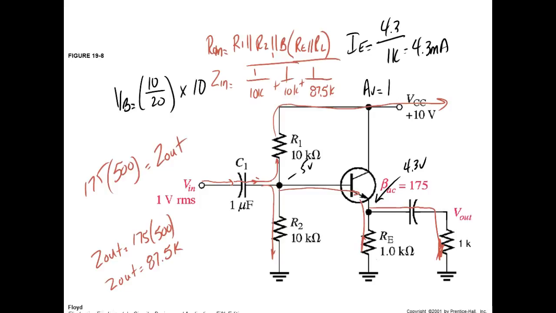What we got? Four K, or high threes or low fours. 4.7K.